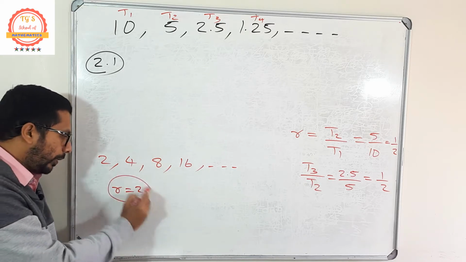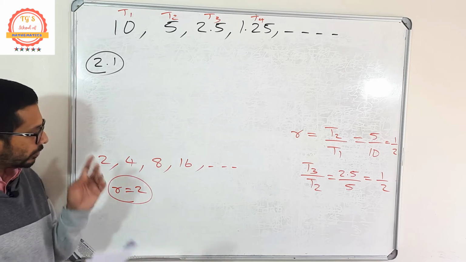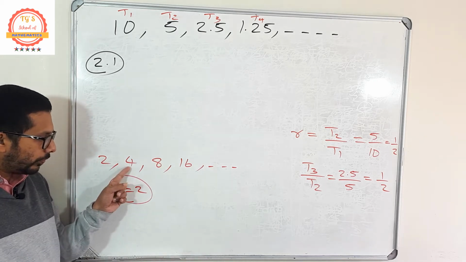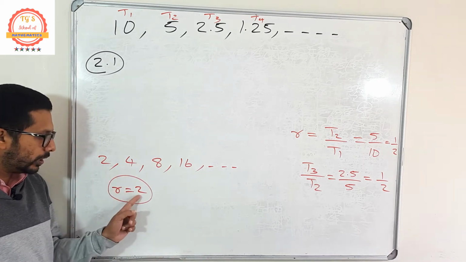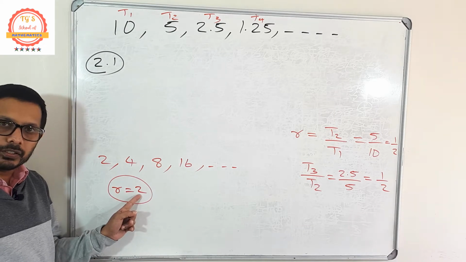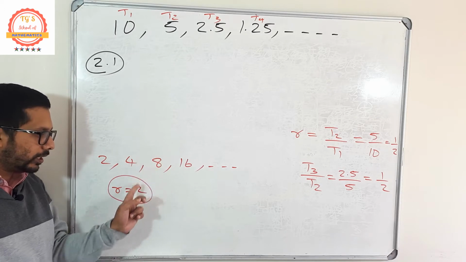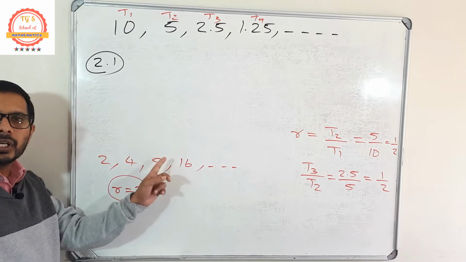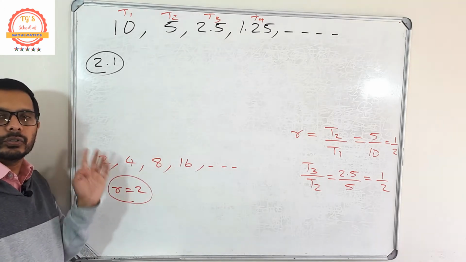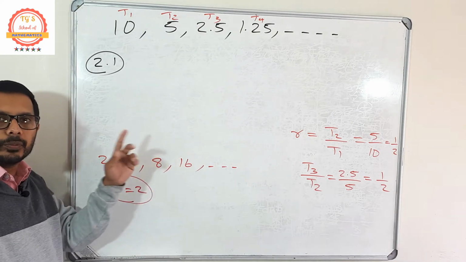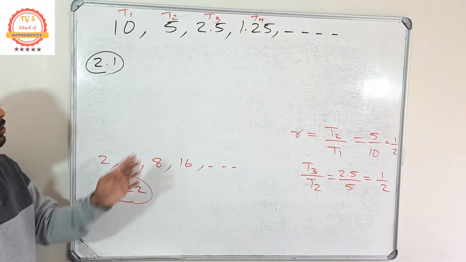So the common ratio is 2. How can you find this 4? 2 times 2 is 4. Next one, 4 times 2, 8. 8 times 2, 16. So in a geometric sequence, to get the next term, you have to multiply by the common ratio.